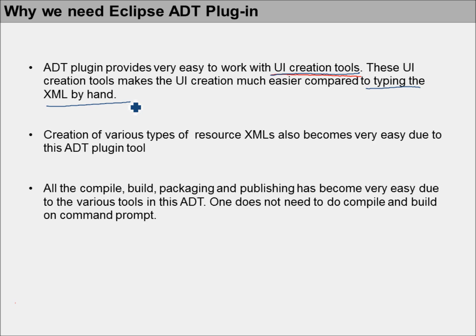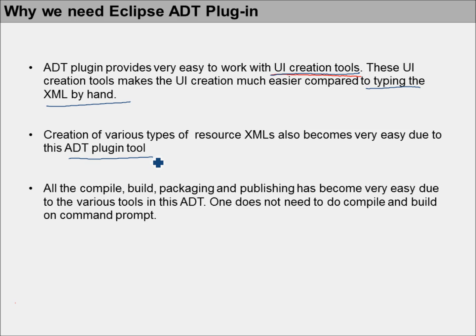Not only that, there is a concept called resource XML file, and creating all of that by hand again becomes very difficult, which is made easier by the ADT plugin tool. And the last but most important, you don't need to go to the command prompt and say compile, build, package, publish, all of this.